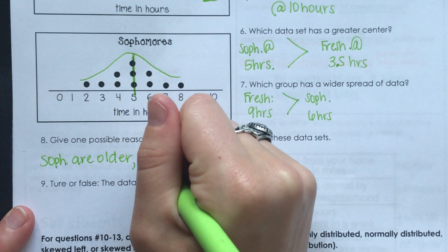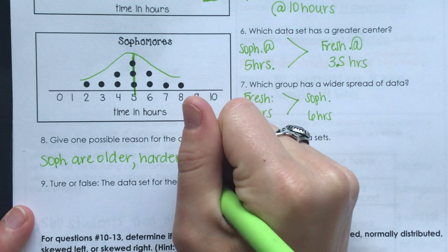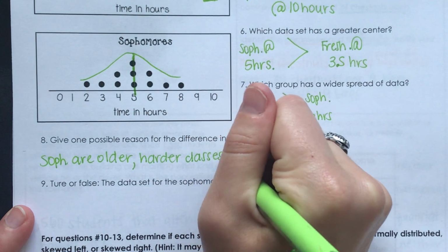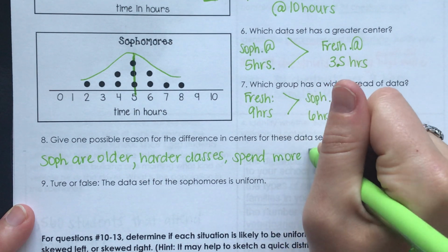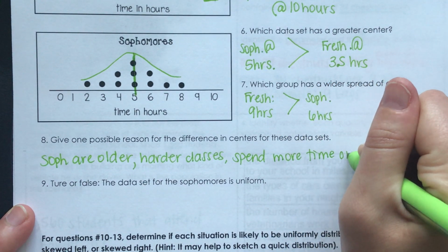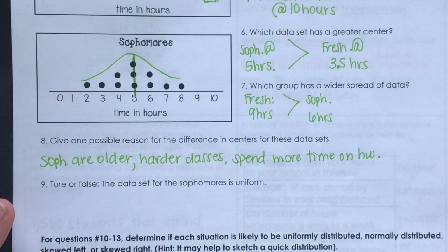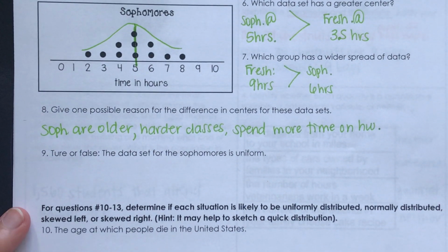So they're older, so they have harder classes, and so they spend more time on homework. If I had to make a guess, but that's just a generalization.